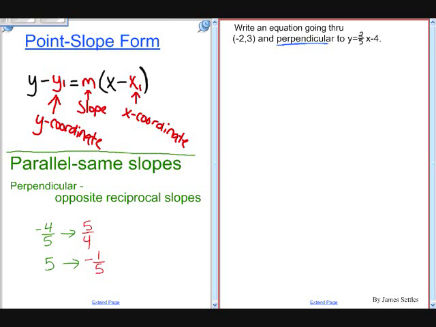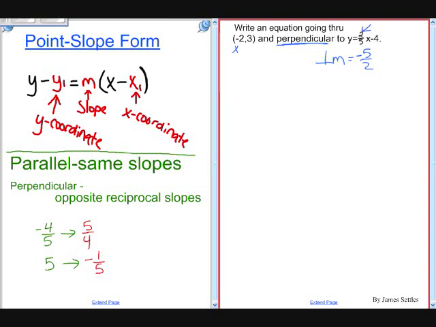So my new slope, an upside down T means perpendicular, is going to be negative because it has to be opposite, and the 2 over 5 was positive. And then perpendicular means to take that 2 over 5 and flip it, and it now becomes 5 over 2. So my new slope that I'm going to be using is negative 5 over 2.